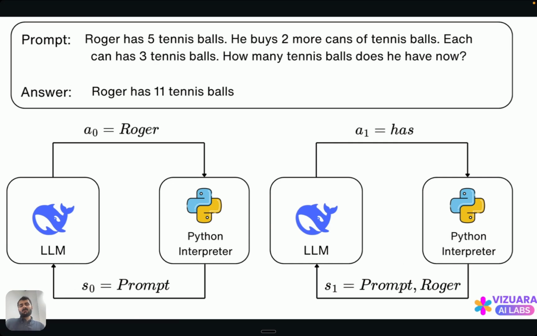And then, after the agent receives this information, the agent is going to take an action, which is the next word prediction. So, here the next word the agent predicts is Roger. Then Roger is again passed to the environment, and now the information is updated. Now the LLM has the initial prompt and Roger, so the action it takes is has. So the next action is has.